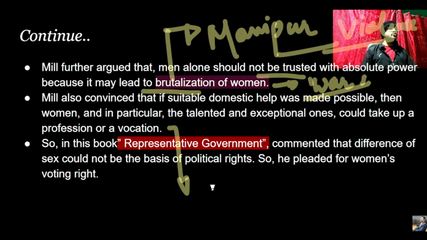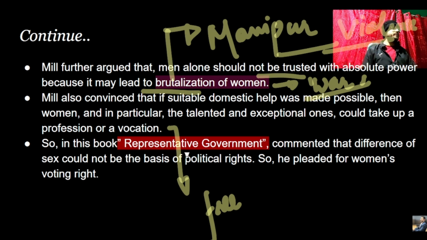So Mill is saying that if women are given suitable domestic help, they can free themselves from some household responsibilities and take up a profession. And that is what is happening today. We see how house help play an important role, taking the part of babysitters and home makers, while the women of that house step out for important managerial professions.